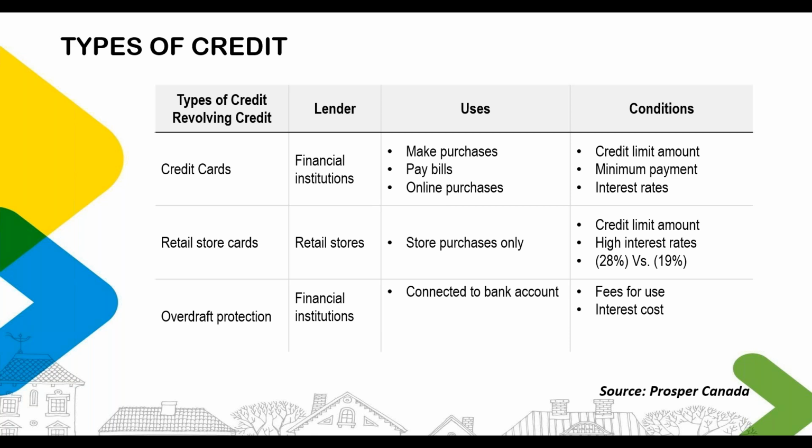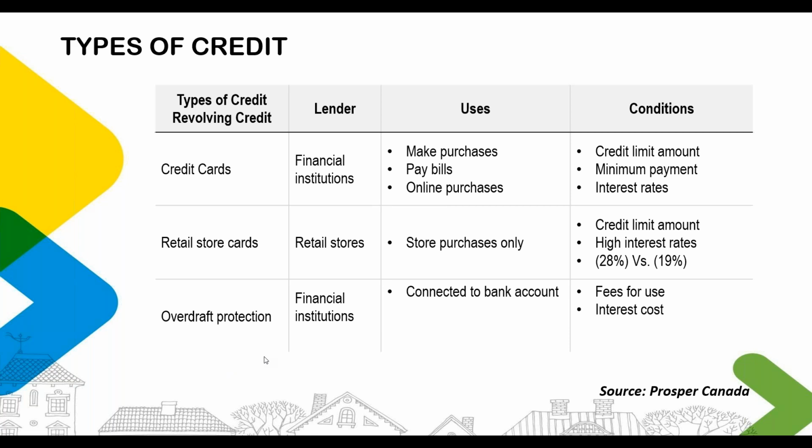You can use it to make purchases at any store at all. The interest rates are usually high, usually around 28% versus the regular 19% that you would get on a regular credit card from a bank or a credit union.